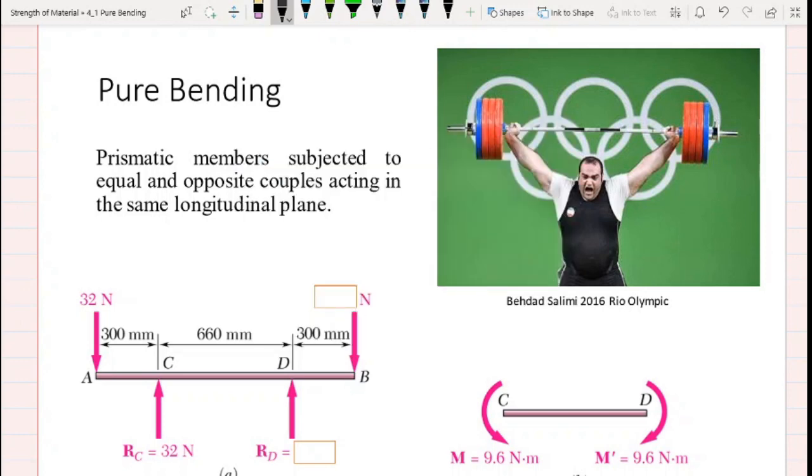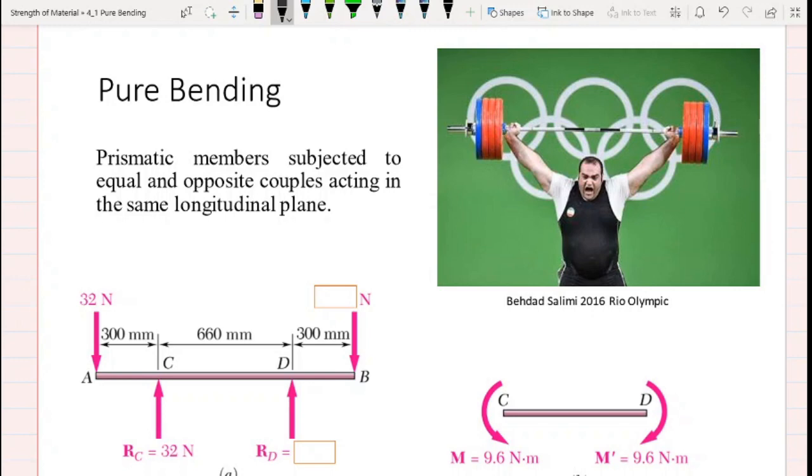This lecture is devoted to the analysis of prismatic members subjected to equal and opposite couples M and M prime, acting in the same longitudinal plane. Such members are said to be in pure bending.